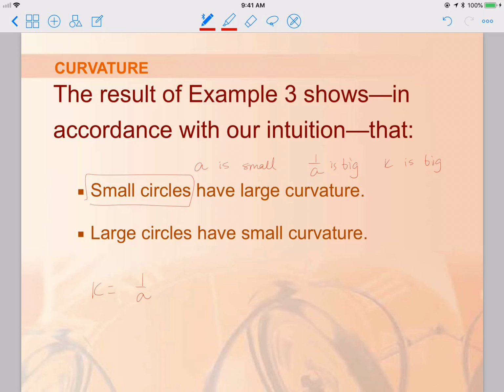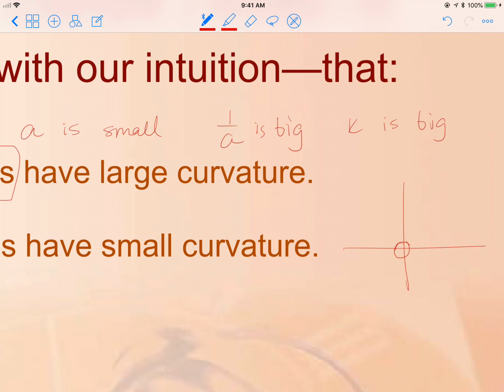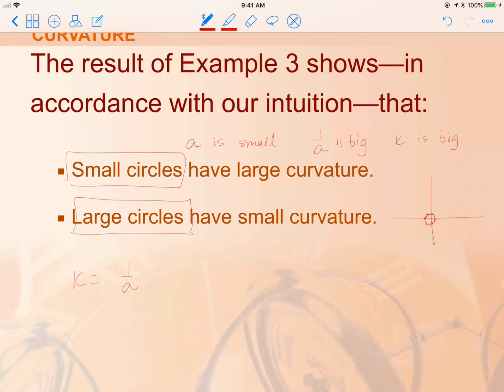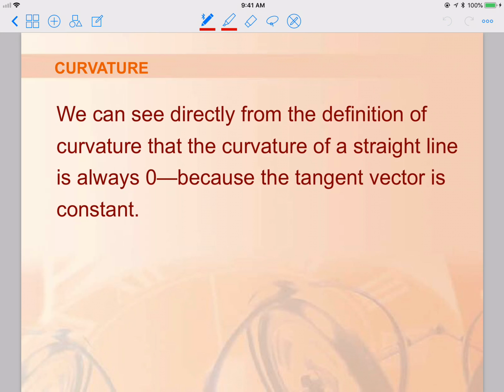The curvature is big. Geometrically, if you have a small circle, then the tangents have to turn a lot faster than they would with a large circle. Compared to a large circle, those tangents get to turn very, very slowly.